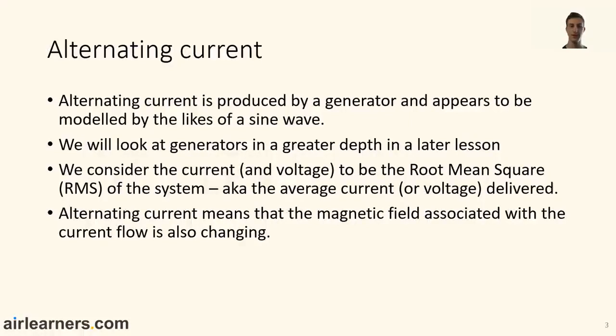We consider the current and the voltage to have an average value called the root mean square, or RMS. And that's the value that we're going to be using predominantly for our calculations. Because the current keeps changing, it means that the magnetic field associated with that current flow is also changing, which is really the core part of the transformer.